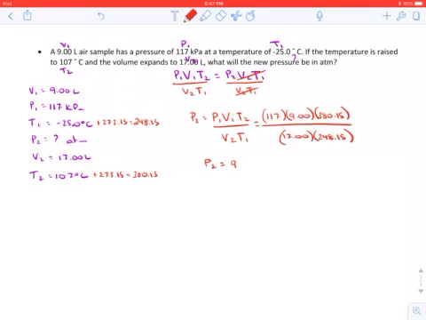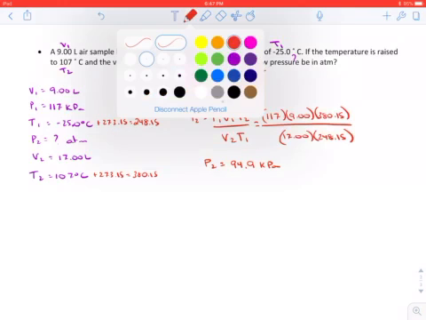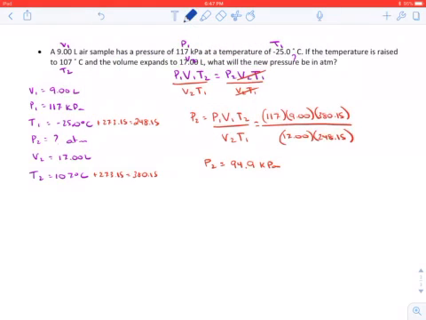So this will give us a pressure of 94.9, but that's in kPa. And unfortunately, we're not quite done because this problem asks us to take the pressure to ATM. So we have to do one more step. So we'll change colors here. We know that 101.325 kPa is equal to 1 ATM.